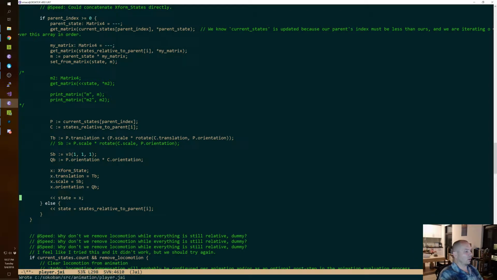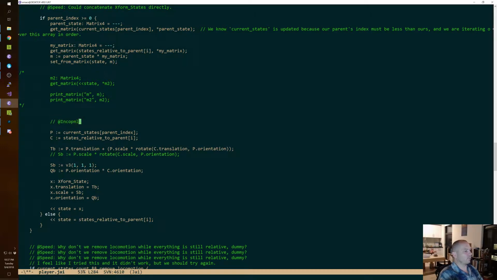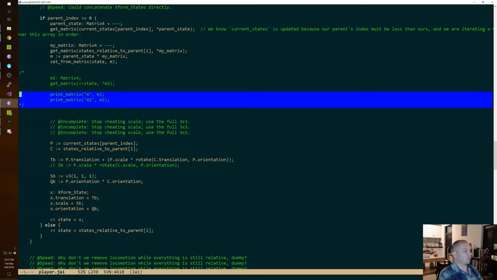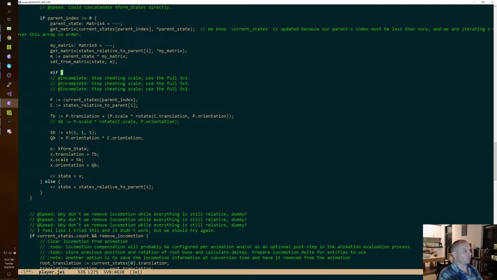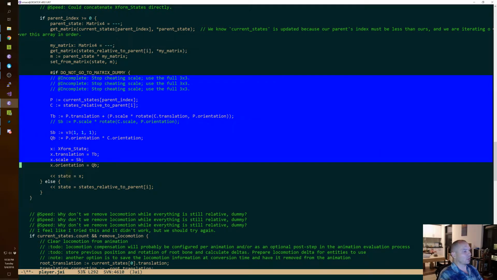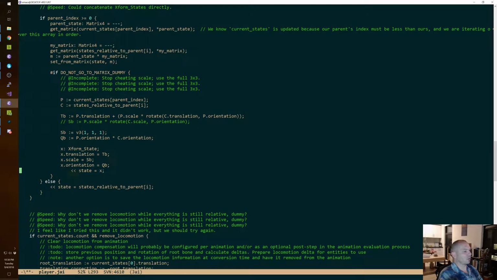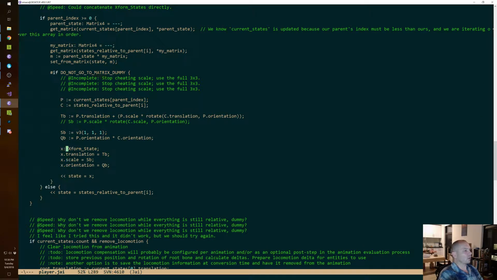So we're going to line some things up. Because we're cheating this, we have to say incomplete, stop cheating, scale, use the full 3x3. But we're going to if this out for now. So we're going to say if skip or if do not go to matrix dummy. Then we do this. All right.